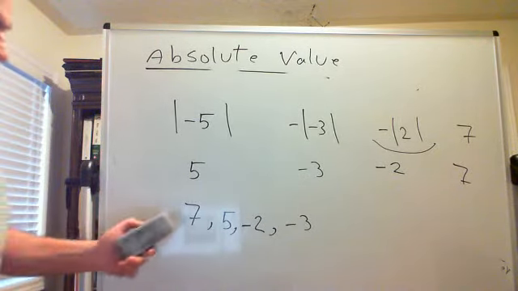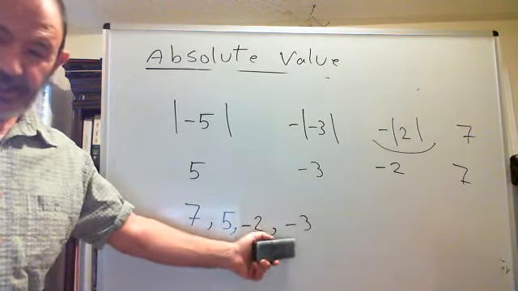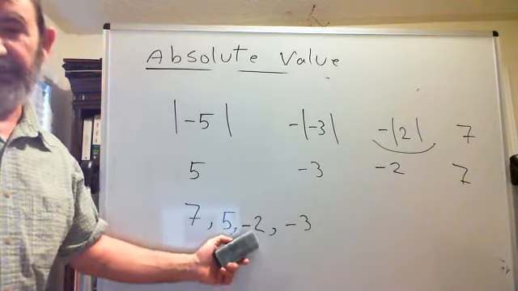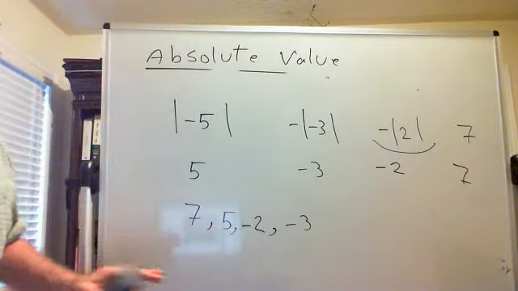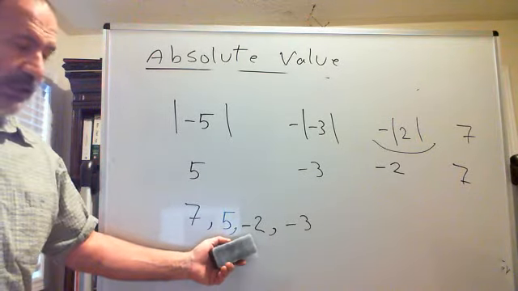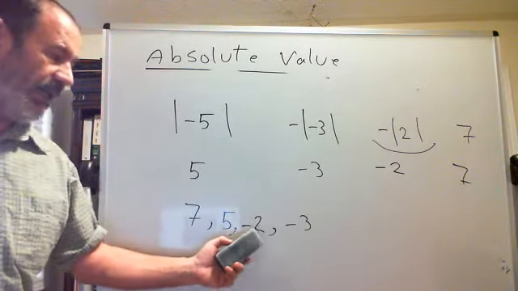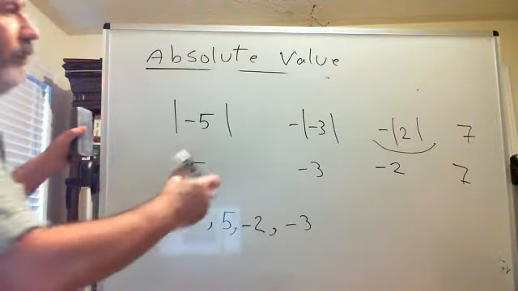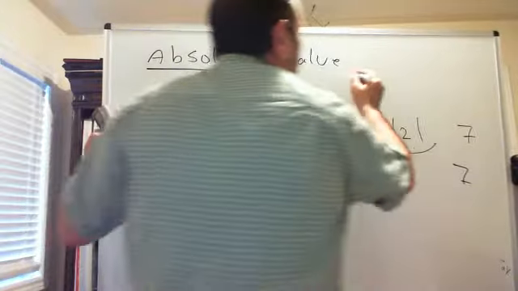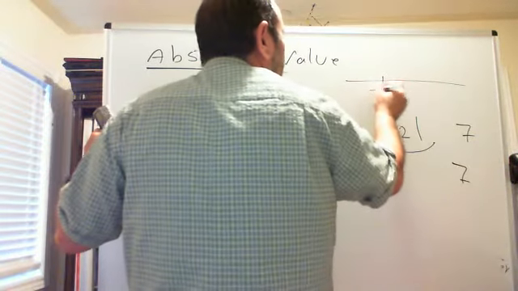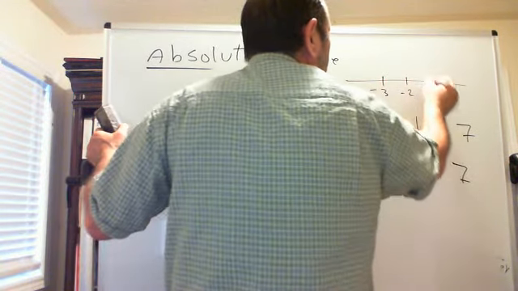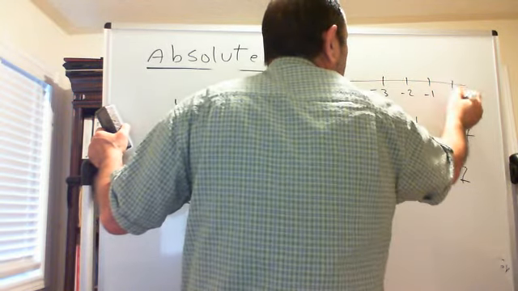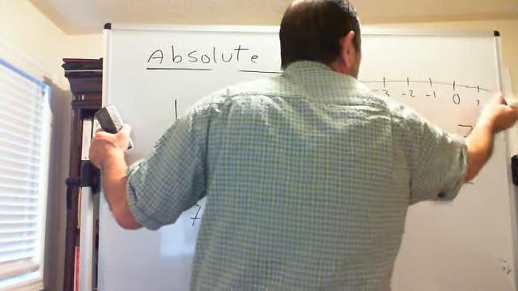Okay? Negative 2, remember, is larger than negative 3. Why? Because negative 2 is closer to 0. We are not talking about the absolute value. The location of negative 2 is closer, or negative 2 is to the right side of negative 3. If we refer to the number line, this is negative 3, this is negative 2, this is negative 1, 0, 1, and so on.